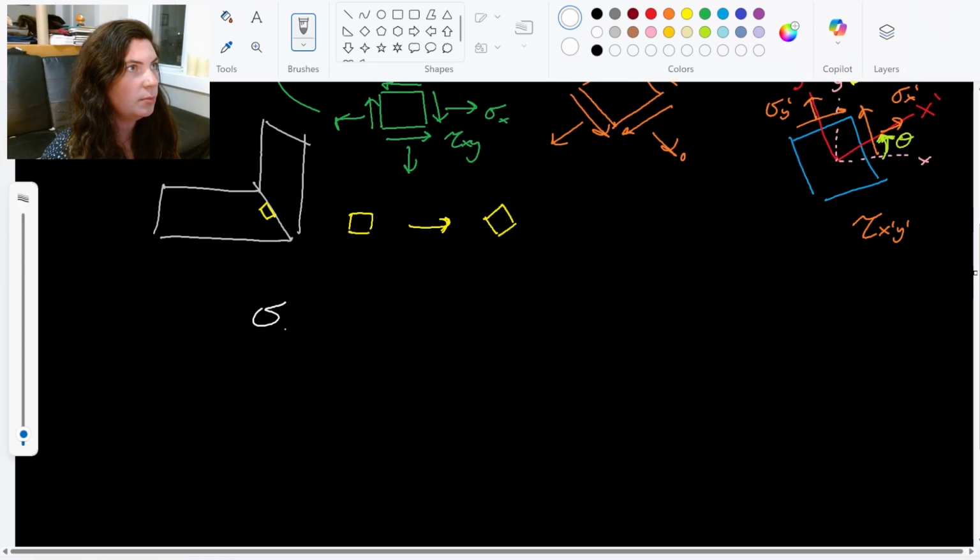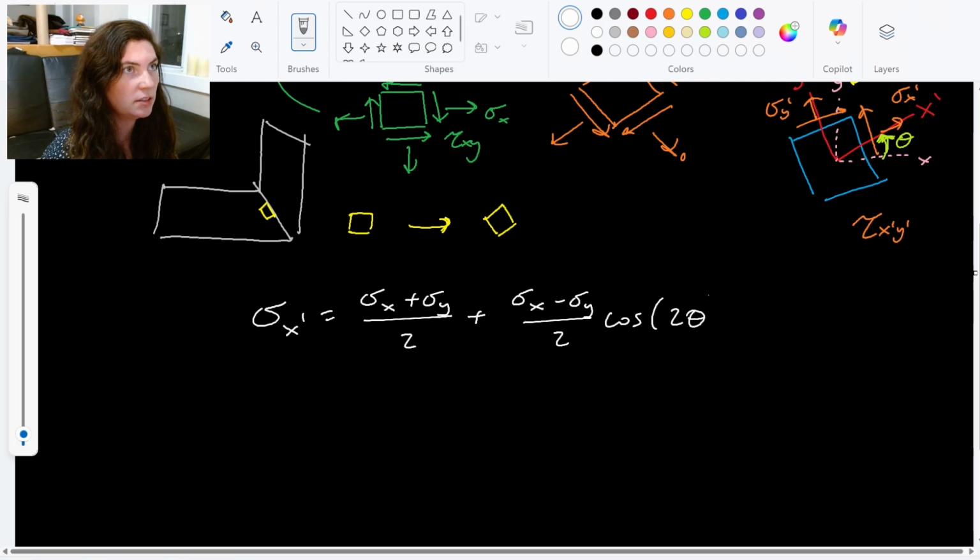So for our sigma x prime, our new normal stress in the x direction that we're rotated along, it's going to be the original normal stress in the x and y directions added together over 2, plus the difference between them, so sigma x minus sigma y over 2 times cosine 2 theta, plus the shear stress xy times sine 2 theta, which I know is a big, long equation.